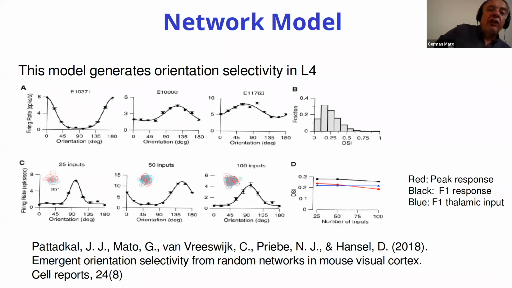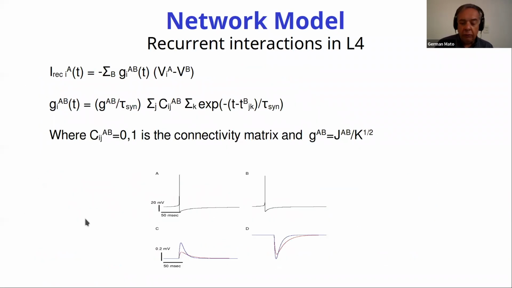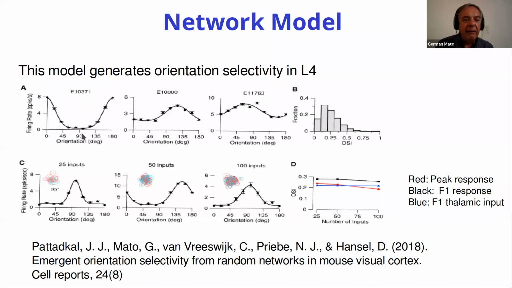So, what are the results for this model? Well, first, we simulate this, and the most important result is that we find that there is indeed selectivity. This is the firing rate of 3 excitatory neurons in layer 4 of V1 as a function of the orientation of the stimulus. There are 3 panels, this one, and this one, and we see that indeed the response is selective.